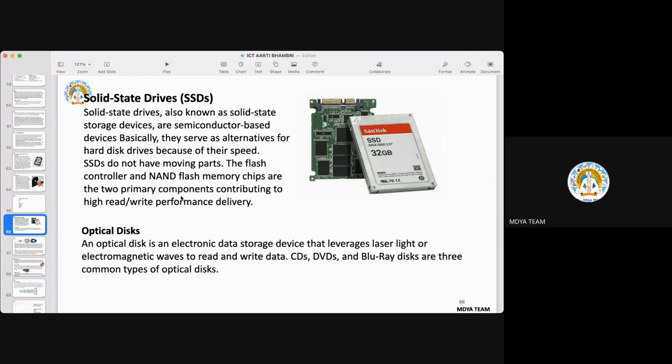Their speed is fast and their capacity is larger. That's why they are in use, but they are costly at the same time. So as per your requirement, you can purchase the external, or secondary, memory devices.